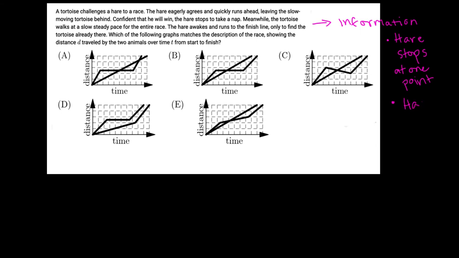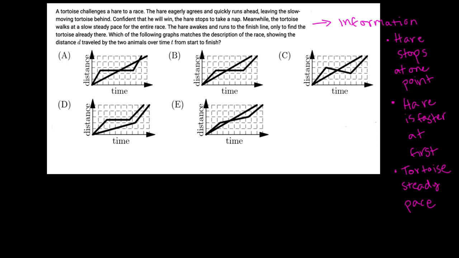The hare is faster at first. And we also know that the tortoise walks at a steady pace. So let's go through these graphs and see which one matches all of this criteria.